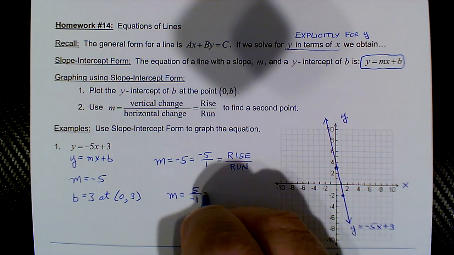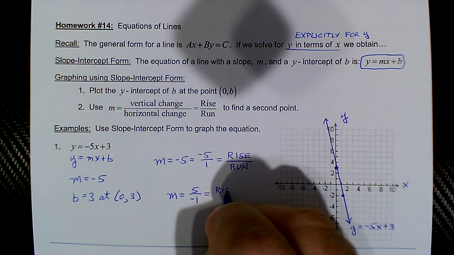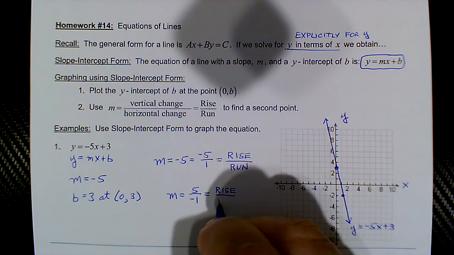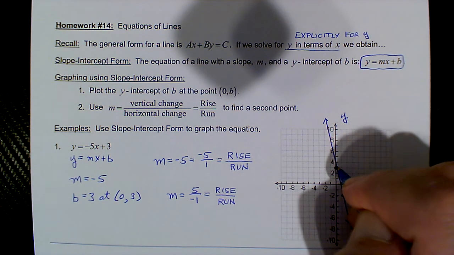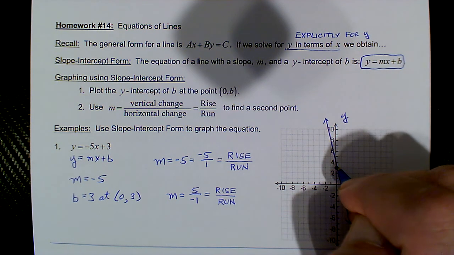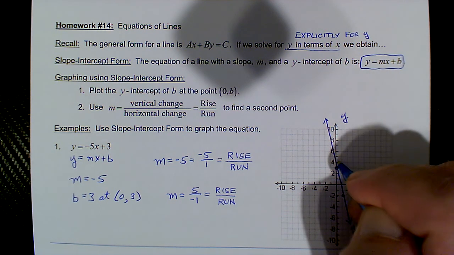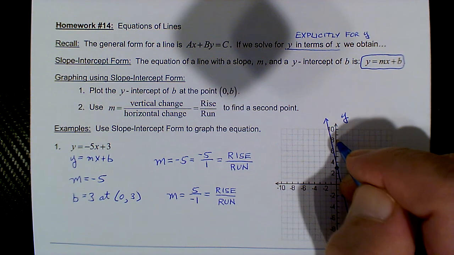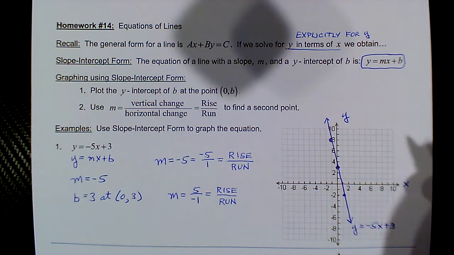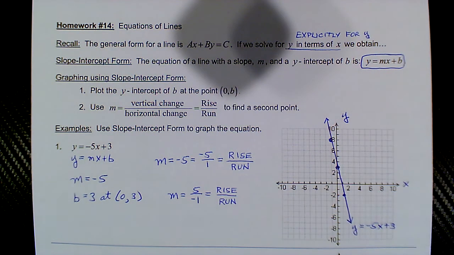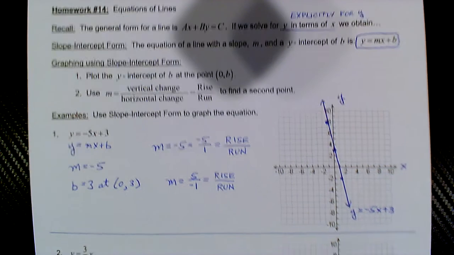And if you think of that as the rise over the run, then from that initial point (0, 3), which was the y-intercept, we can now rise 5, so that means move upward 5, 1, 2, 3, 4, 5, and run -1, so that moves to the left 1, and you could see that that's a point on the graph as well. Okay, so there's a couple different ways to think of that.